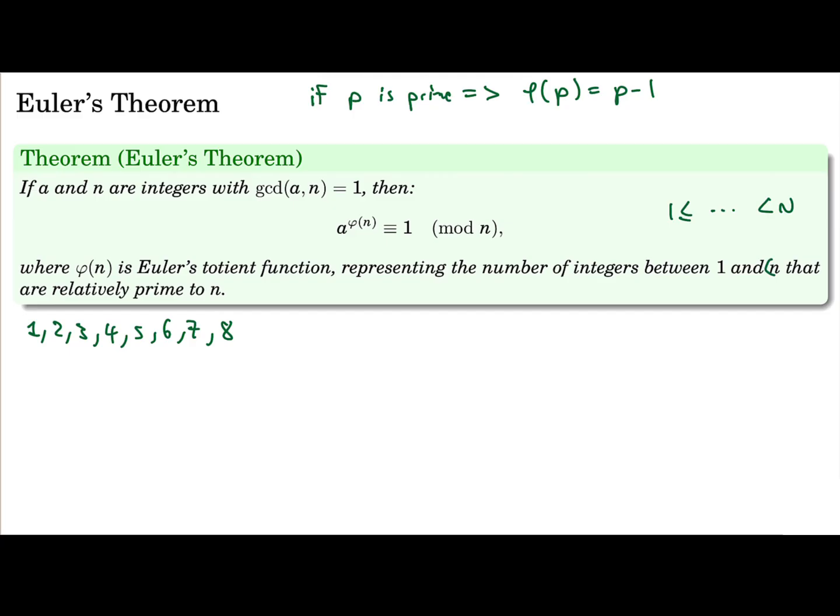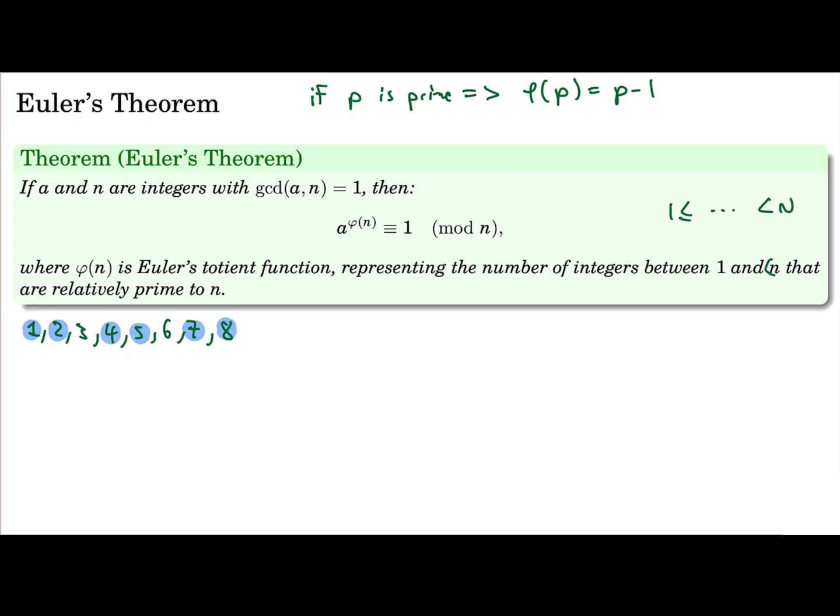1 is coprime with 9, 2 is coprime with 9, 3 divides 9, so it's not coprime with 9, 4 is coprime with 9, 5 is coprime with 9, 6 is not because they share 3, right? 3 divides 6 and 3 divides 9. 7, since it's prime, is coprime with 9. 8 is coprime with 9.